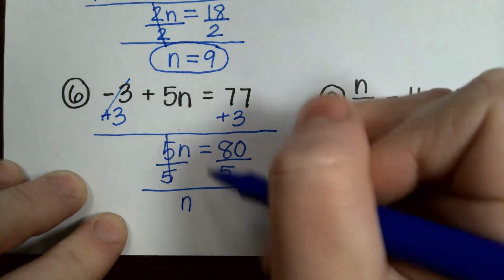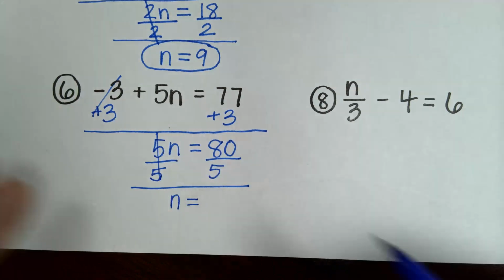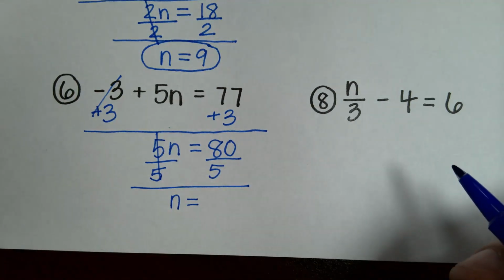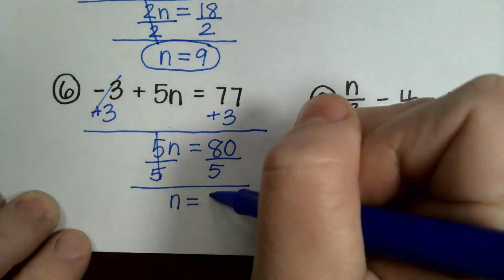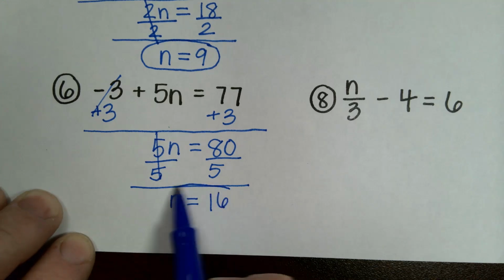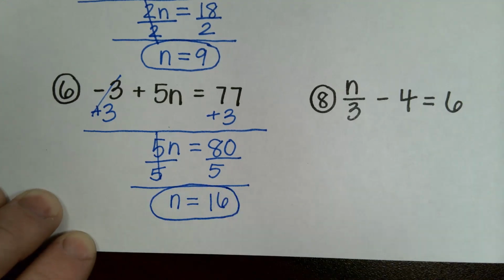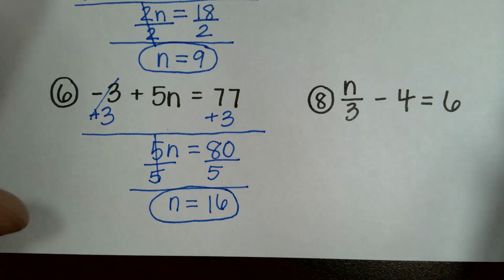Bring down my n equals, what is 80 divided by 5? 16. Absolutely, n equals 16. So there's my work, and I'm going to circle my answer. Great job. Any questions on number 6? We all feel okay? Awesome.